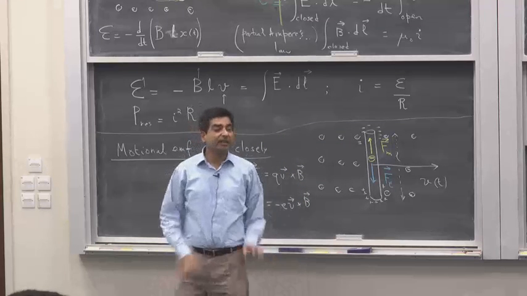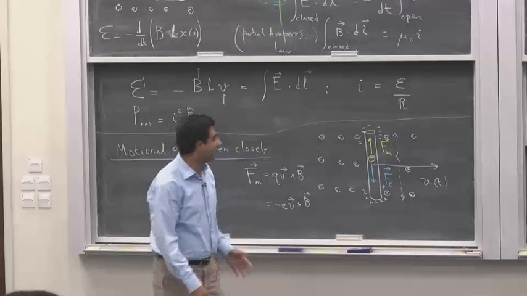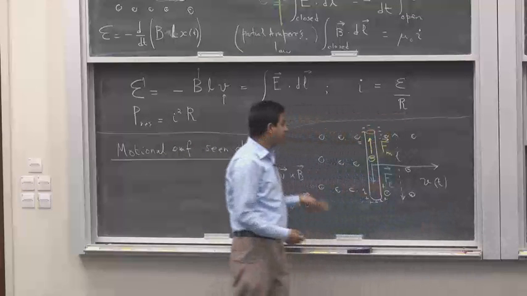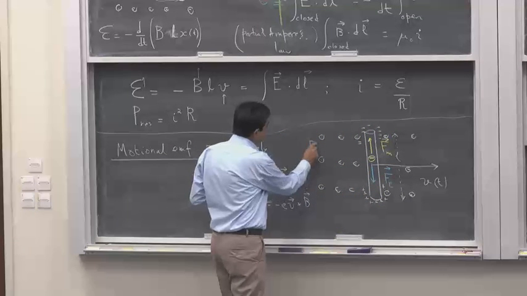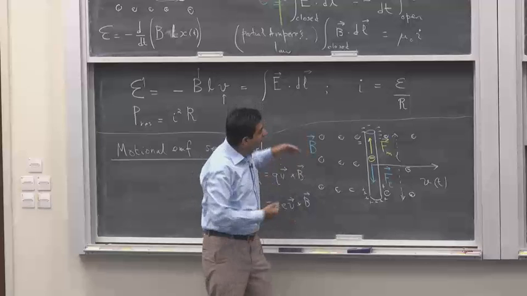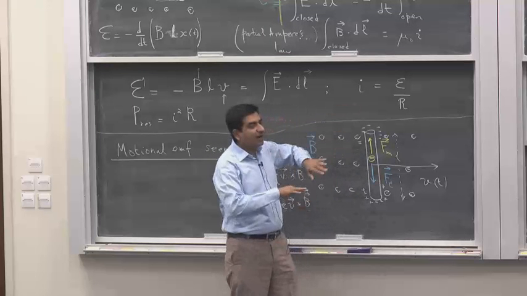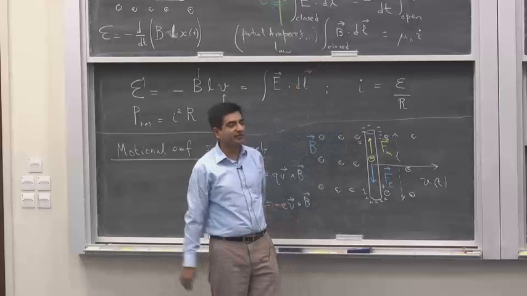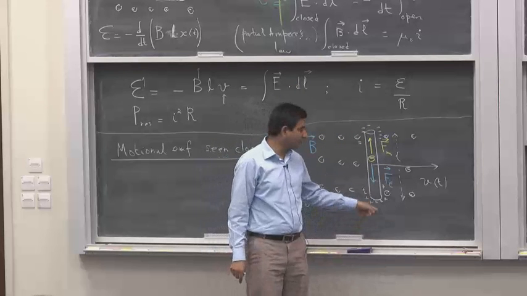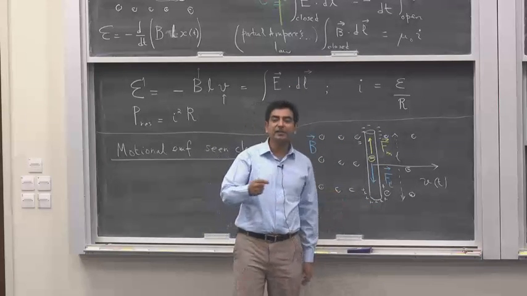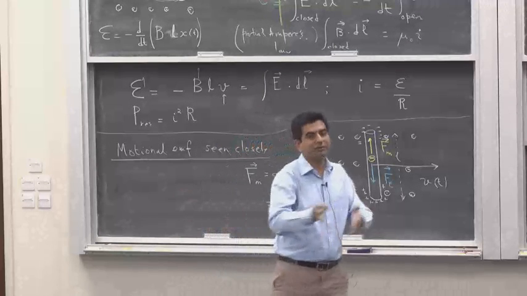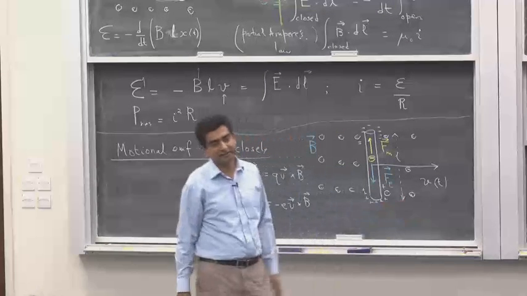Once again, feedback is taking place. As we move this conductor through this static magnetic field, V, static, electrons are being pushed towards the top end of this conductor and they're going to be depleted from here. So this requires a positive charge and an internal electric field is set up because of the sheer motion of this conductor inside a magnetic field.